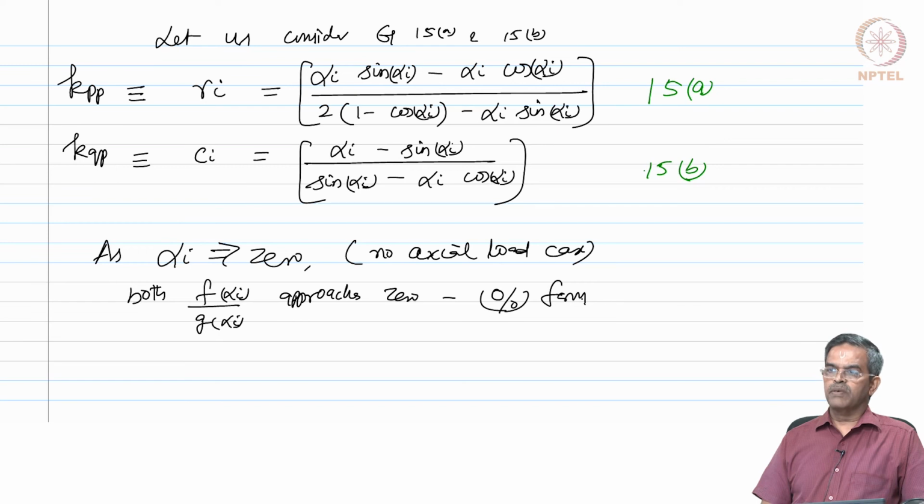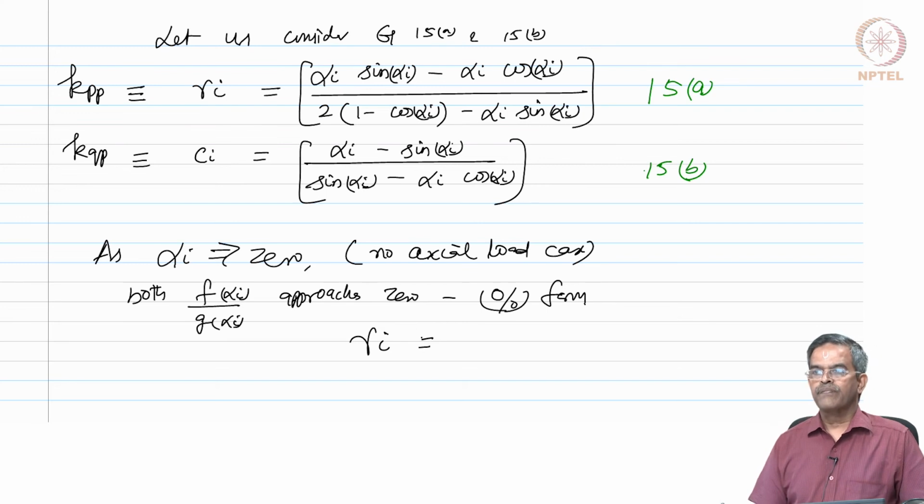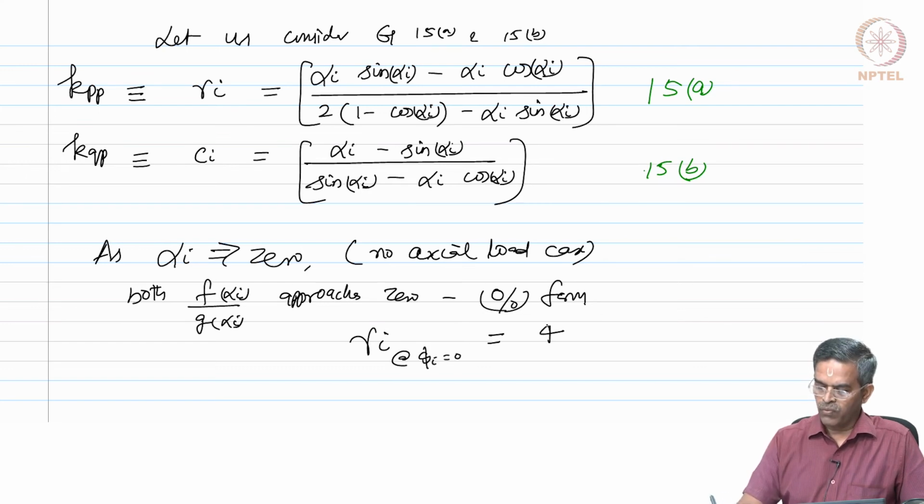So, I can apply L'Hospital rule, which will give me the function values. Ri at phi I equals 0 will become 4 and Ci at phi I equals 0 is 0.5.